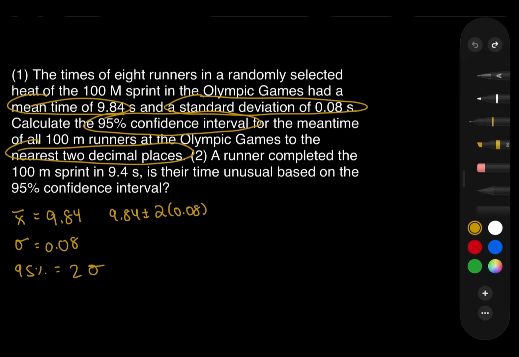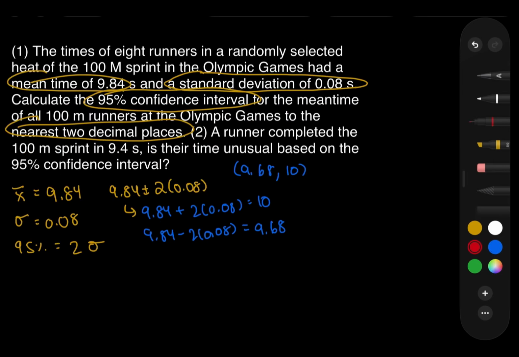So we're going to do 9.84 plus 2 times 0.08 and 9.84 minus 2 times 0.08. And we're going to get 10 for our max and 9.68 for our minimum. Therefore, our 95% confidence interval, our range, is 9.68 and 10. Now let's do part 2.